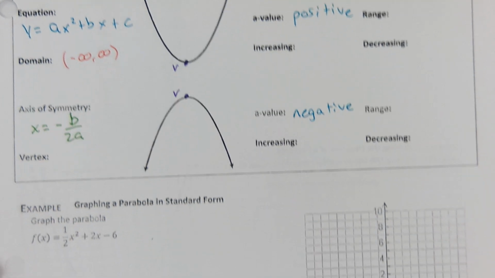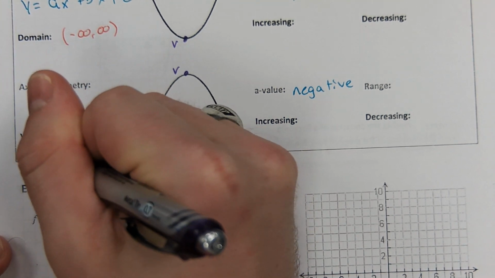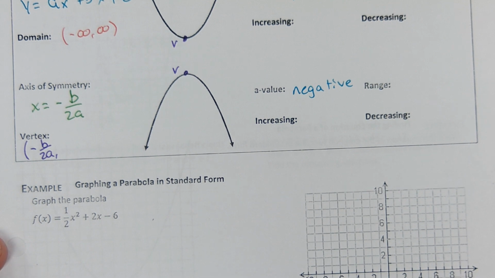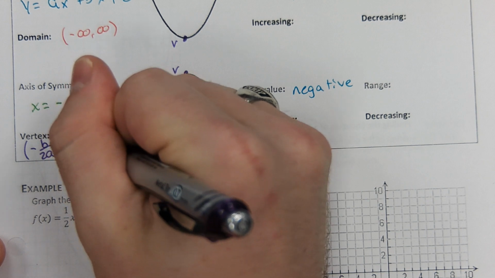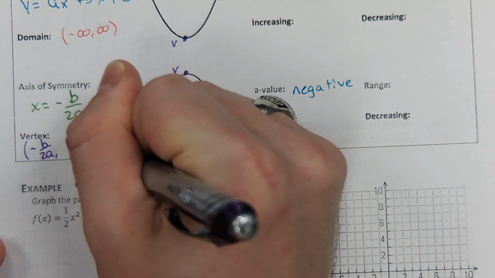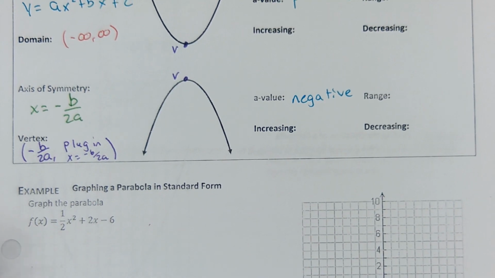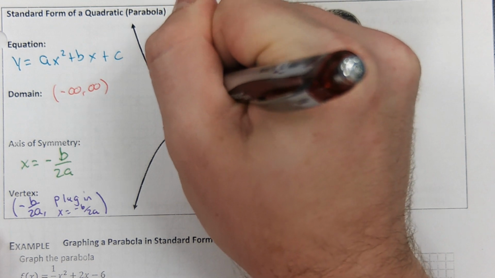So our vertex can be found at negative b over 2a, comma, plug that in to get the y value. You'll get a number of some sort, but just plug it in. There you go. Go ahead and throw this axis of symmetry on here, going through my vertex, because that's true for all quadratics.